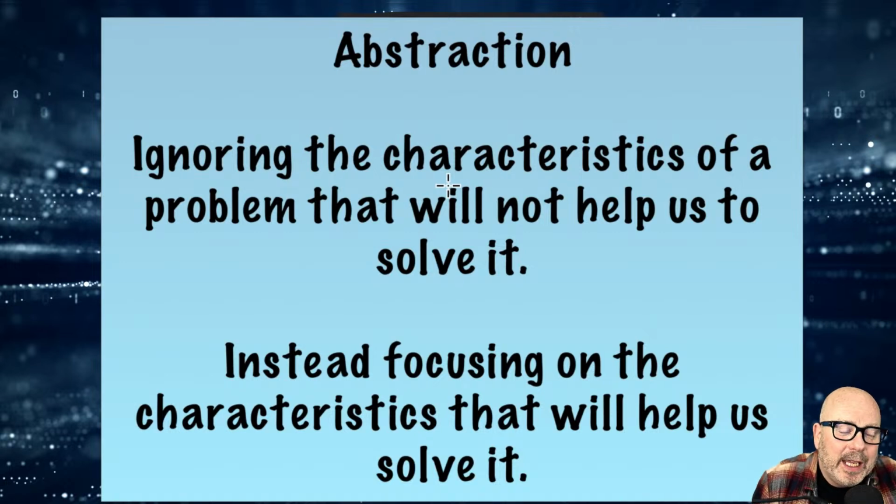So removing unnecessary detail, not focusing on detail that's not going to help you solve the problem. That is the main consideration for abstraction. It's only focusing on the details that are important and removing everything else, because then you don't have to worry about it.